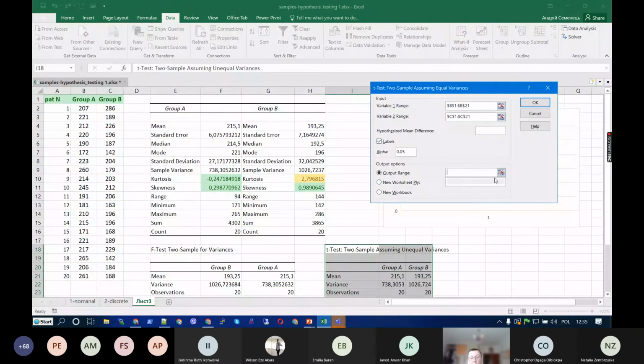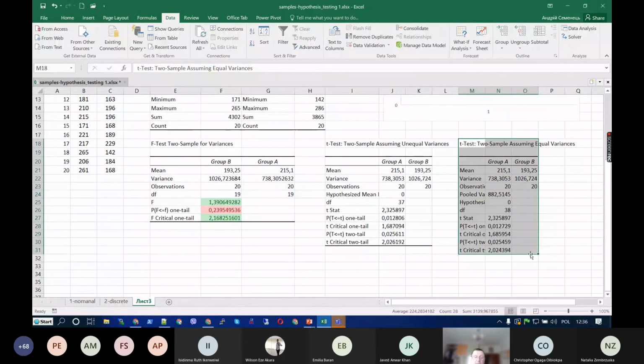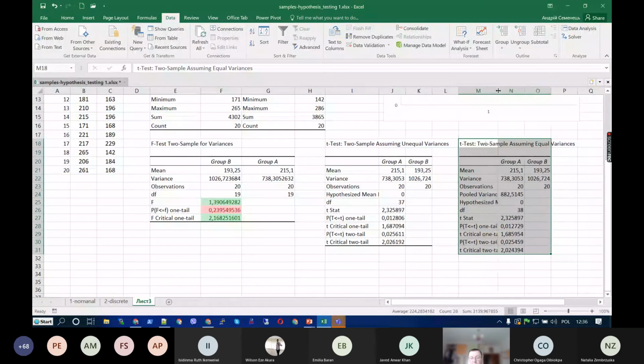Usually it's not a good way to use all possible tests, but in this case, as you can see, the test statistics for equal and unequal variance provide almost exactly the same result. The test statistic didn't change. We have only minimal changes in the critical two-tailed value.